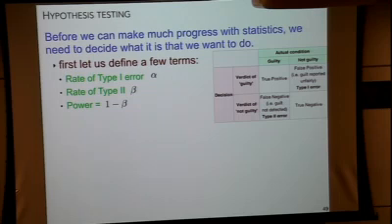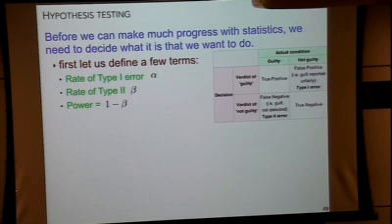Okay, and so then you can either be right on the diagonal here, or on the other diagonal you make two different types of errors. So in the case that, for instance, the standard model is true, but I claim the discovery of some new particle, that would be a type 1 error. And the one where there is new physics, but I don't claim a discovery, that's a type 2 error.